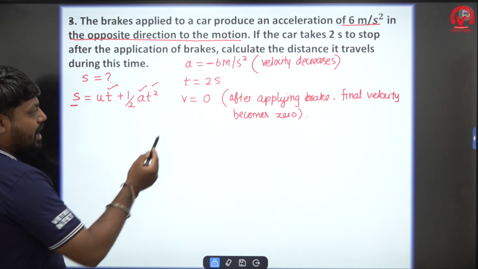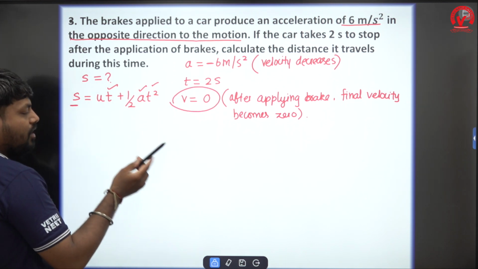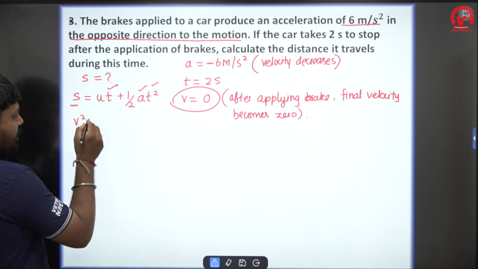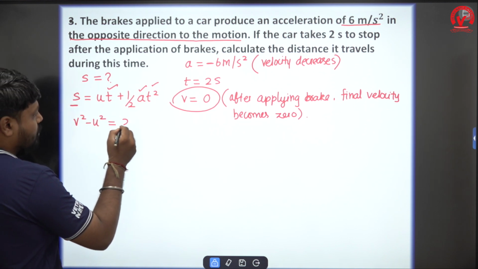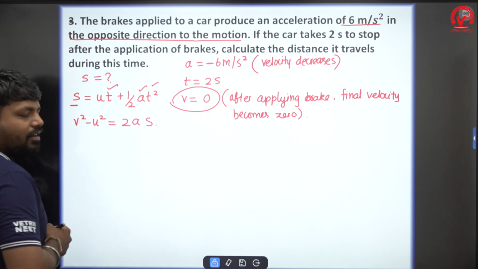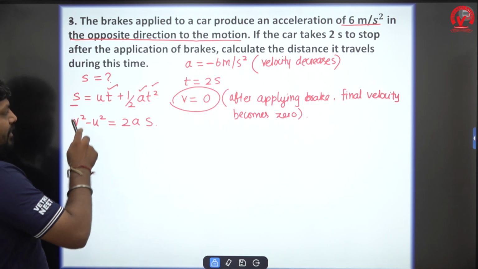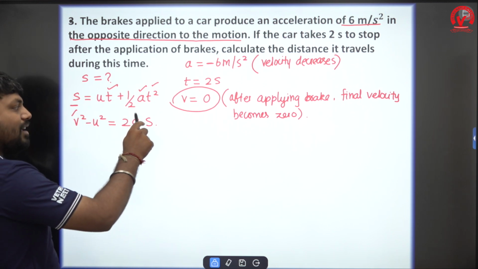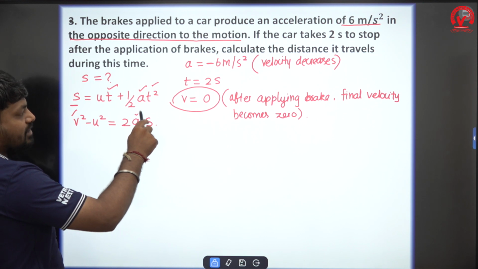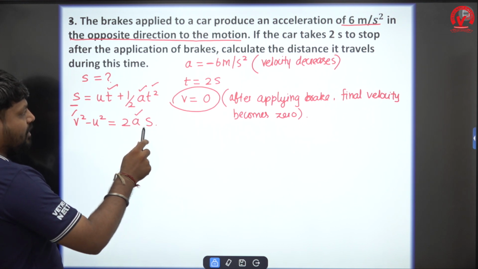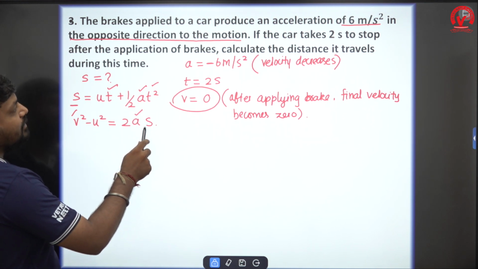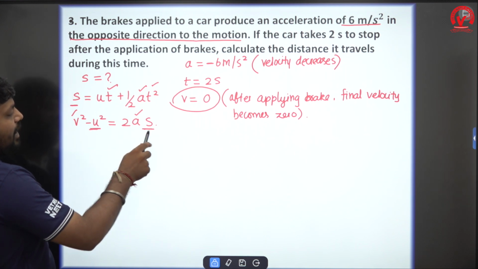No. We have v, so v square minus u square is equal to 2as. We have v and a here, but we don't know u and s.